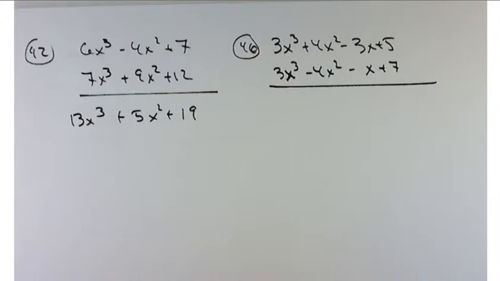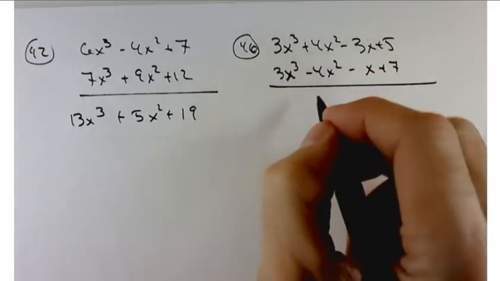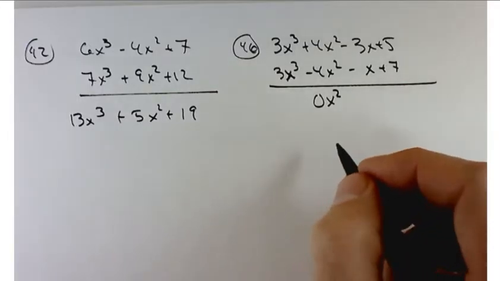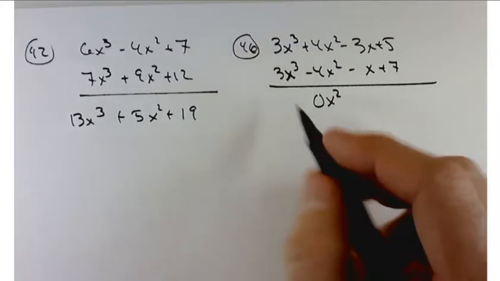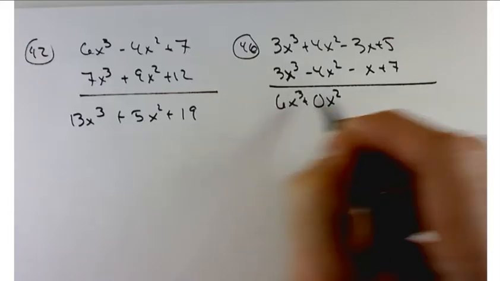Sean, want to do that one? Go ahead. It does. So you've got two choices. You could write 0x squared, or you could just leave it off entirely. I'd probably prefer to just leave it off entirely. But it's up to you. You want to do the rest? Good?